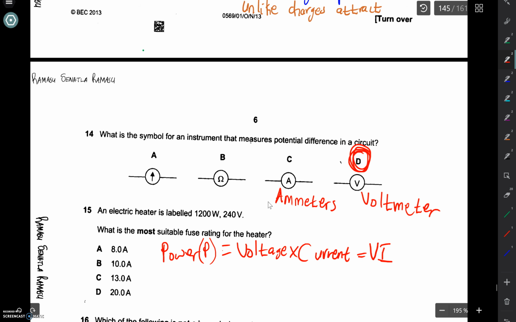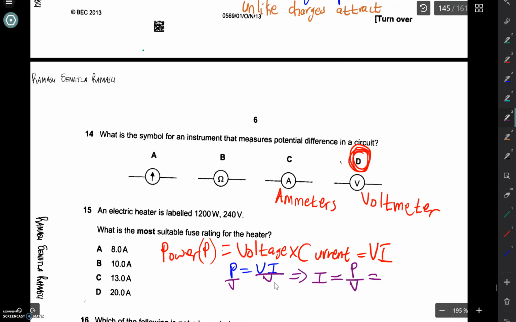Now to find your value of current, you have to make I the subject of the formula. So to do that, you divide by V on both sides. Your formula becomes current, or I, is equal to power over voltage.